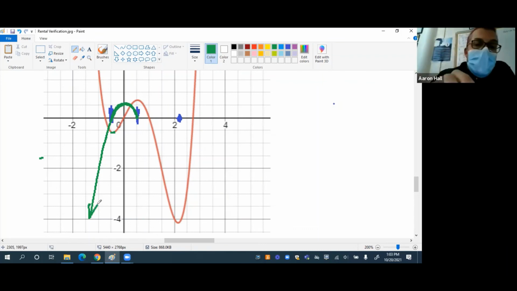All right, what is happening? Describe the graph between these two extrema. Extrema would be your max or your min. Between these two extrema, we can see that the graph is negative. Can you describe the steepness between these two zero slopes? What happens from here as far as the steepness?